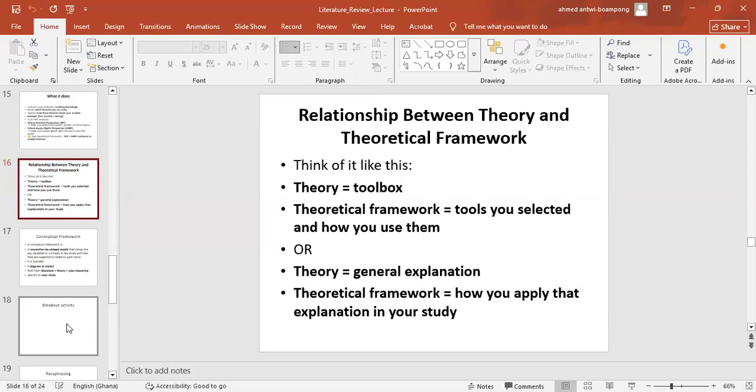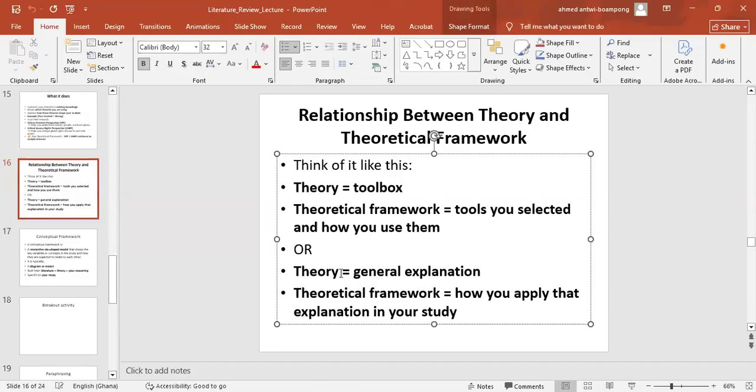But then when you decide to pick one or two out of them and you combine them, they become tools that you have selected, and how you use them becomes the theoretical framework. Or if you like, the theory that you use will be your general explanation. And then your theoretical framework would be how you apply that explanation in your study.